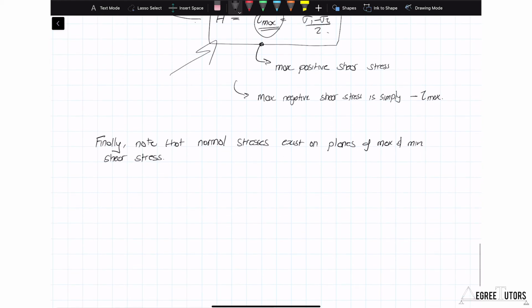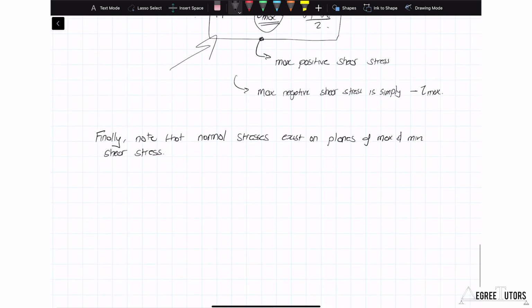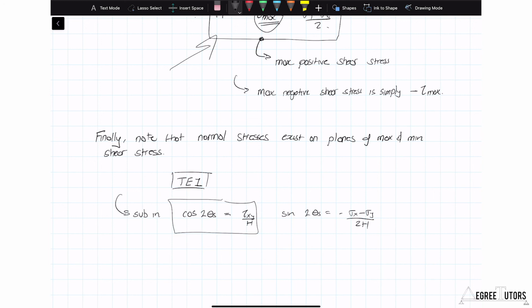All right, so how can I come up with an expression for those? Well, it's going to be based on transformation equation 1. I won't write it all out again, but basically we're going to sub in the cosine of 2 theta s, which we said was equal to tau xy over h, and the sine of 2 theta s, which was equal to minus sigma x minus sigma y over 2h.